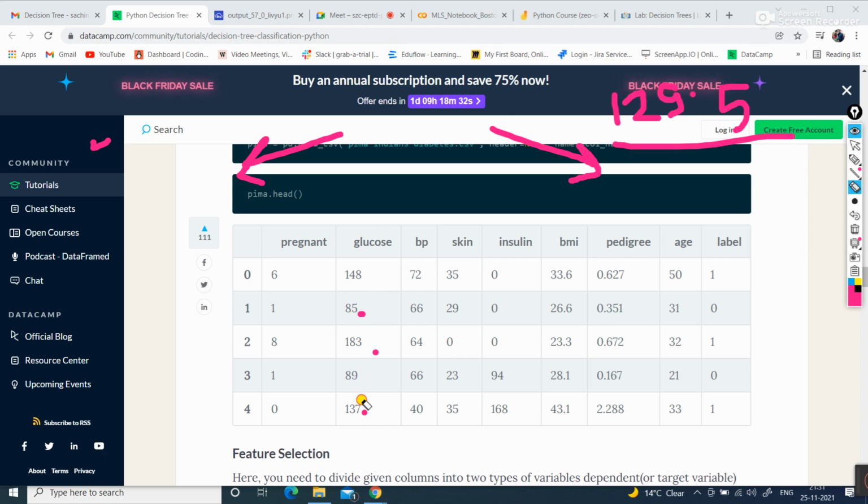They take the first variable like 148 and polarize for this level, and on the left hand side there is only one level, and the rest of the rows go to the right hand side.